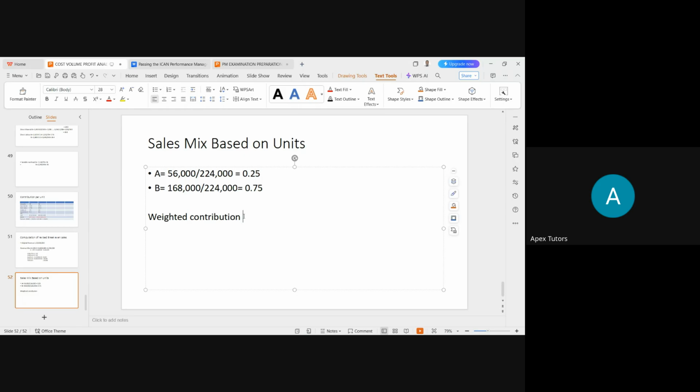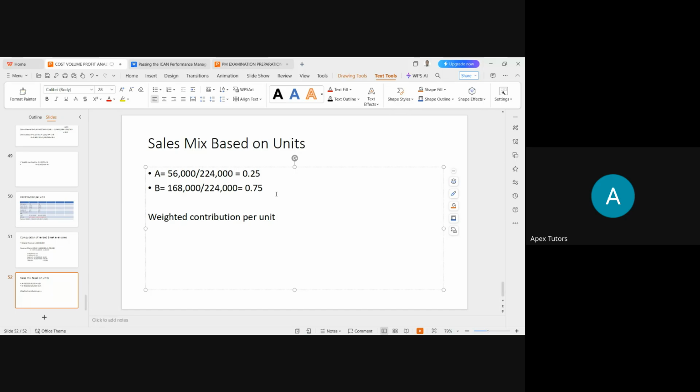So the weighted contribution per unit is what we want to derive.